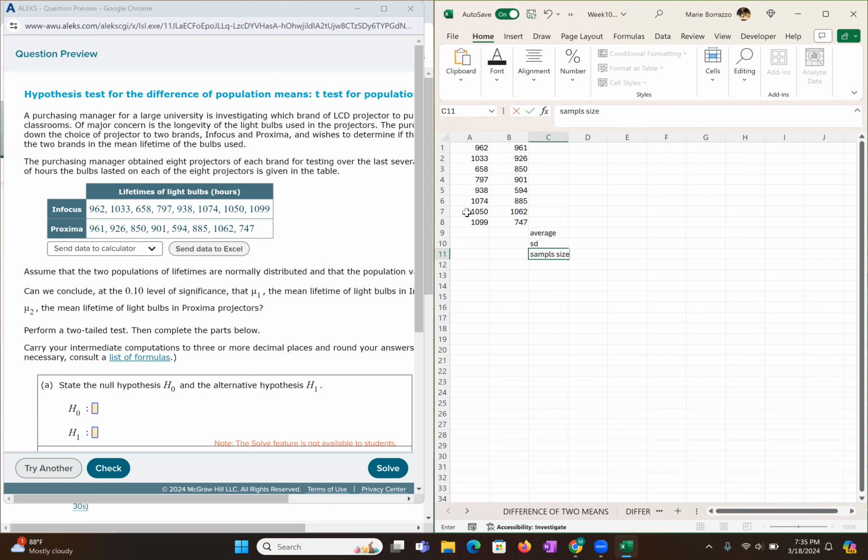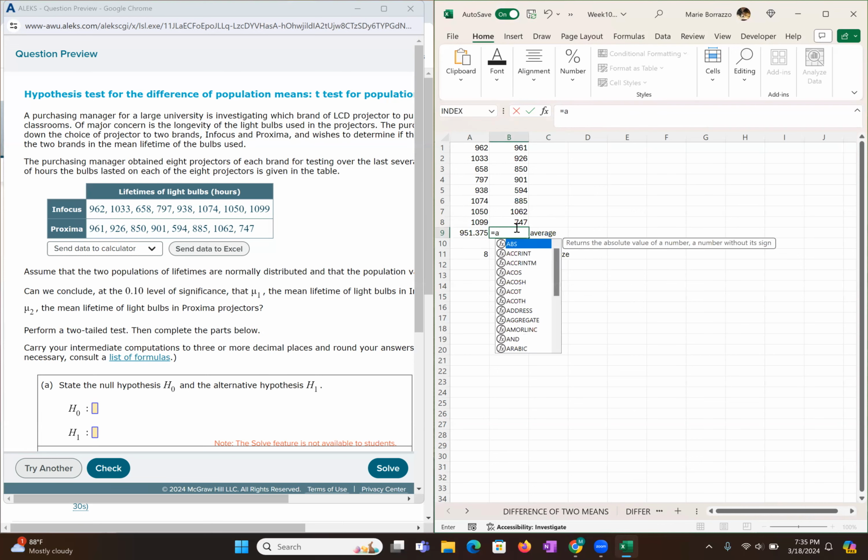Now, sample size, you can see is 8 across, so it's gonna be 8 and 8. And an average, we're gonna go equals average and double click on an average and highlight all your numbers and hold. And do the same thing here.